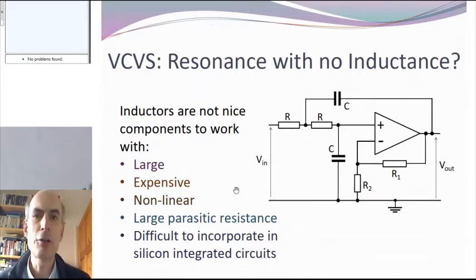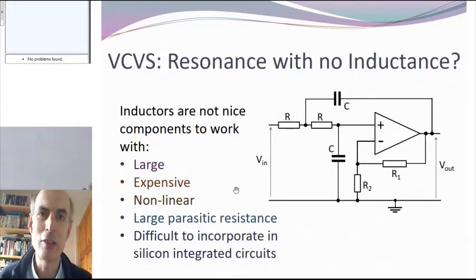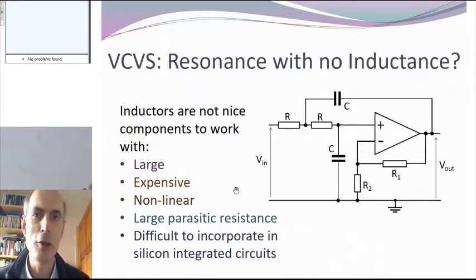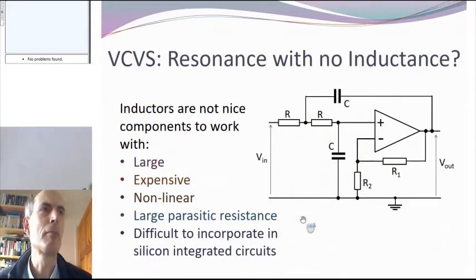And as the slide says, inductors are large, expensive, non-linear, have large parasitic resistances, and are very difficult to incorporate in silicon integrated circuits. So usually a filter designer is happy to go quite a long way to design something which doesn't require the use of an inductor. We'll build up this filter in stages.